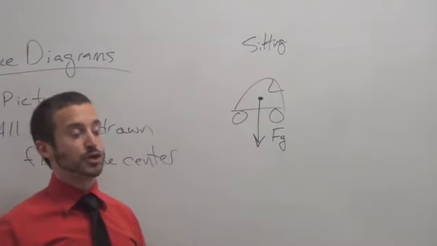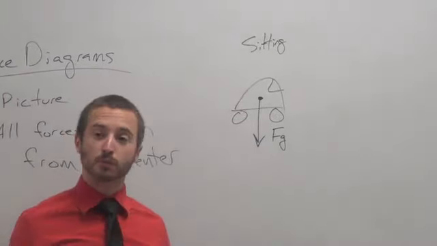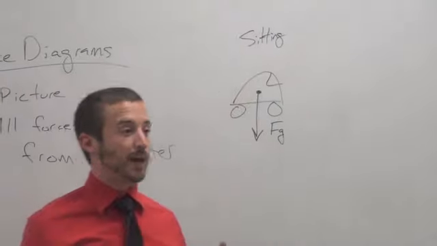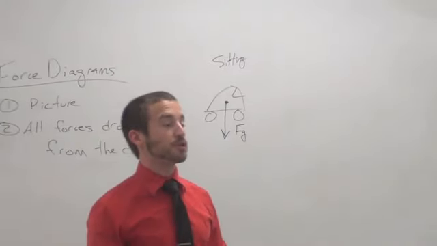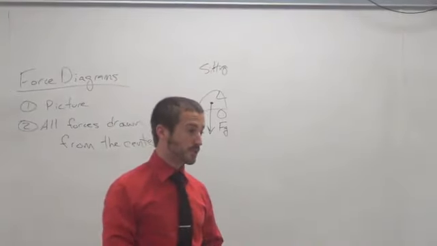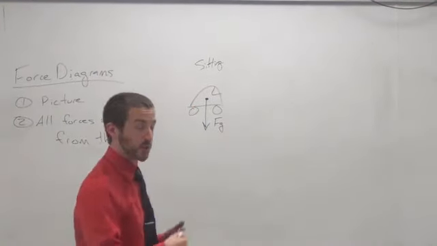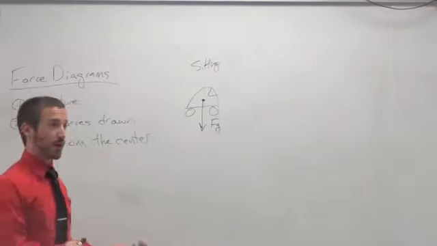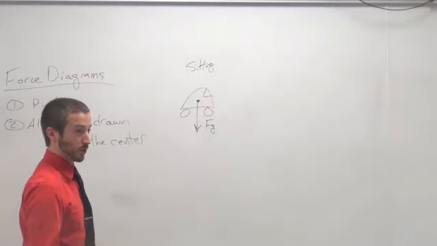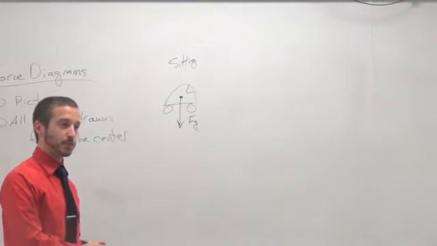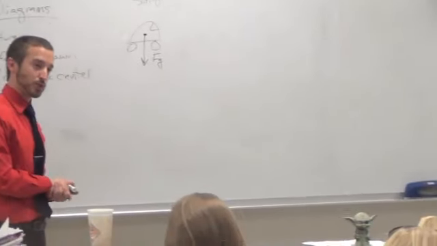Small little hint with force diagrams to help you out. When the forces are balanced, you'll find that it's always at a very constant speed. When the forces are unbalanced, you'll find that it's changing its speed, or accelerating. So that helps you figure out whether or not there need to be other forces there. This obviously is staying at a constant speed. So where are we probably going to have a force?